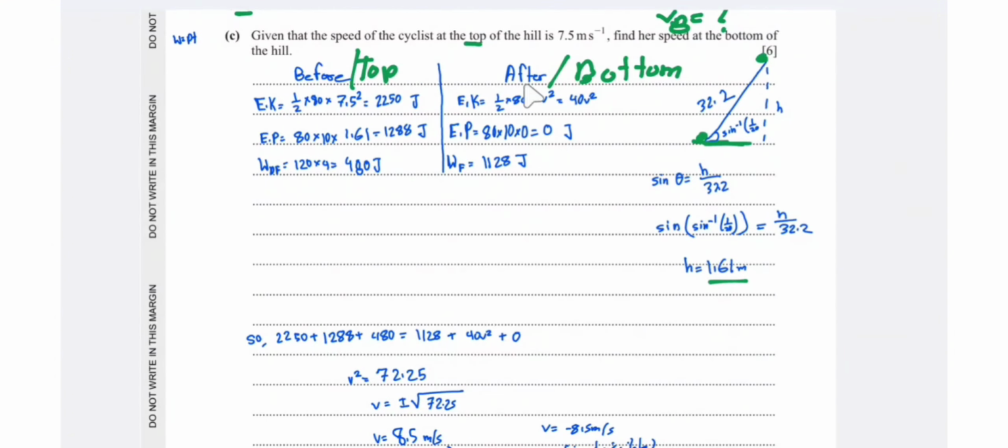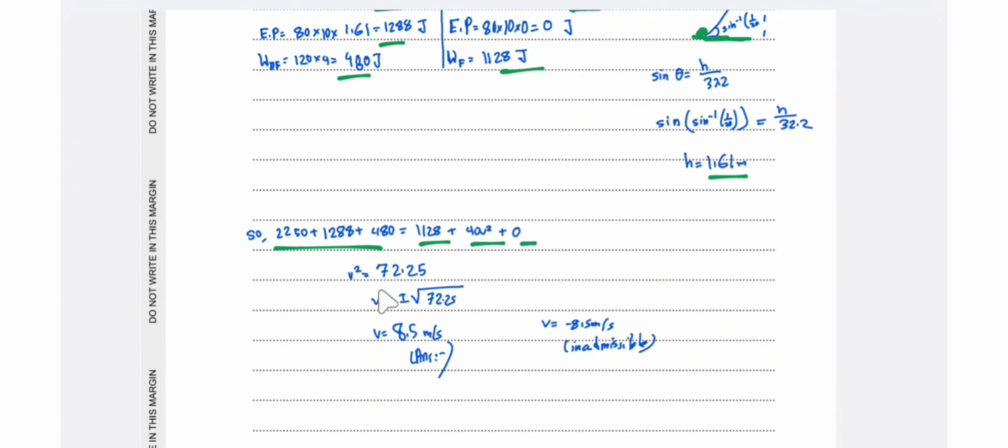After substituting these values, we equate before is equal to after, that means this value is equal to these values. After equating, we get the velocity. v square is equal to 72.25. So v is equal to root over 72.25, and you need to remember to place a plus minus.